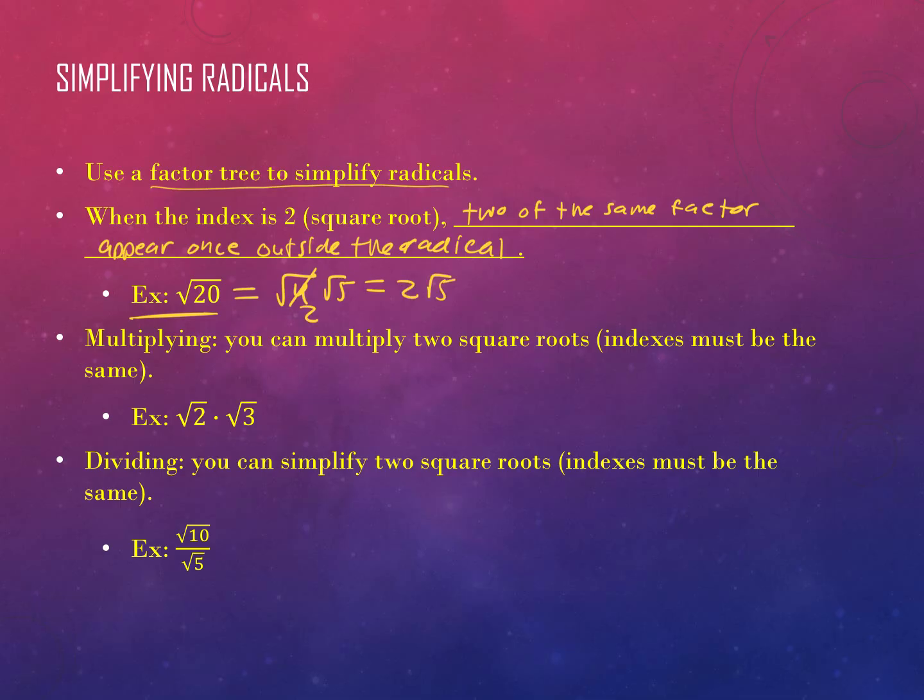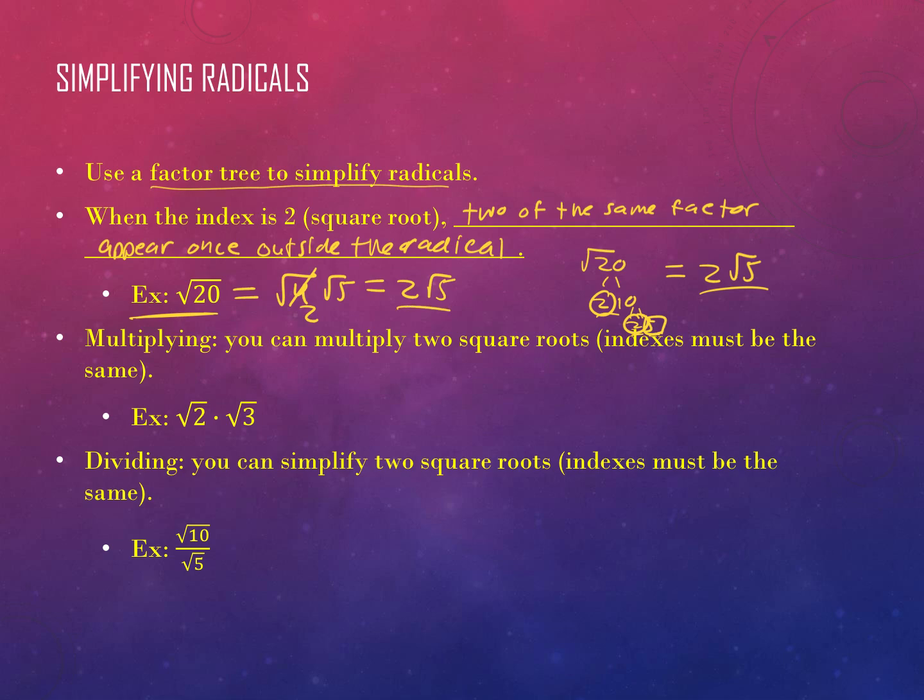Maybe if you didn't know how to do that, you could still use a factor tree, and maybe instead you used 2 and 10 and then did 2 and 5. You would still pick any matching pairs. So 2 is a matching pair, so that gets you 2. 5 is left over, so I get the square root of 5. I know I wrote kind of small, but 2 shows up twice, 5 shows up once. But no matter which way you do it, you should get the same answer.